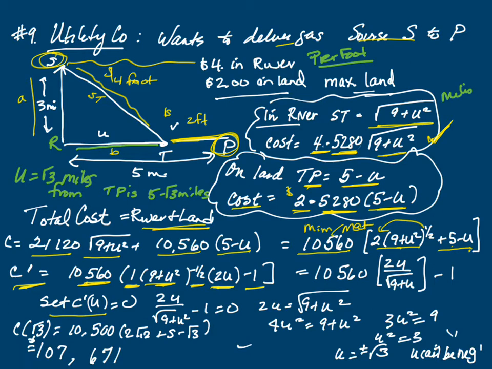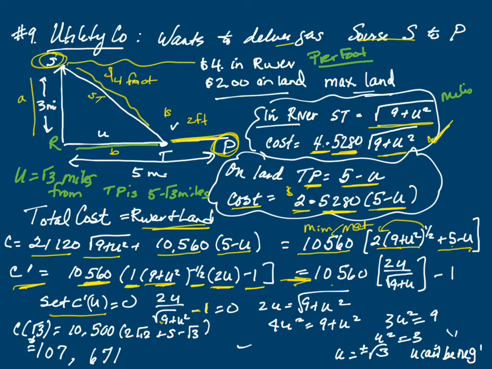So simplifying it out, this would be 10,560 times (2u over the square root of 9 plus u squared, minus 1).